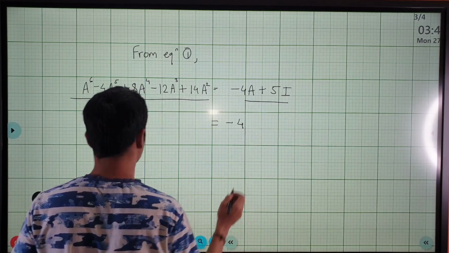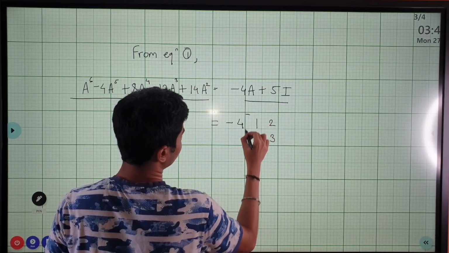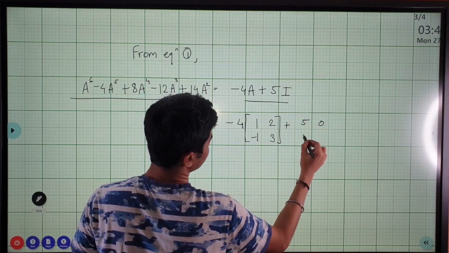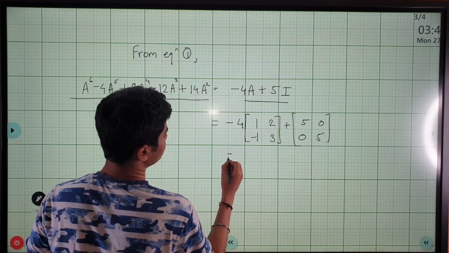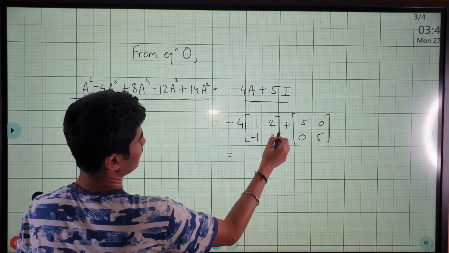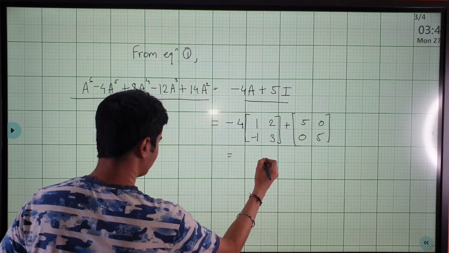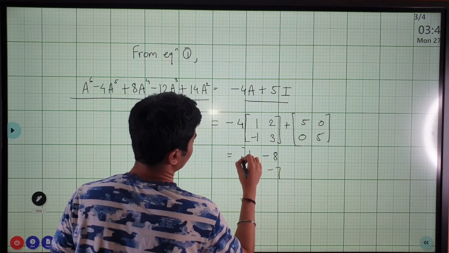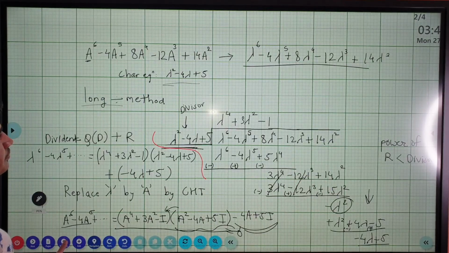So minus 4 times A, which is 1, 2, minus 1, 3, plus 5I, which means 5, 0, 0, 5. You can just multiply 4 in this matrix and add this, and we'll get the final solution as 1, minus 8, 4, minus 7. So this will be our final solution.